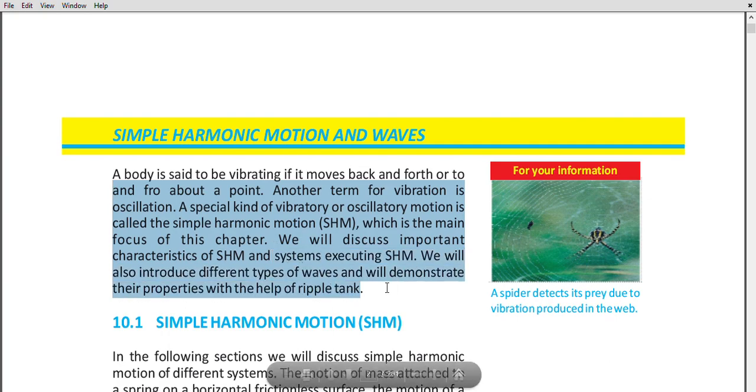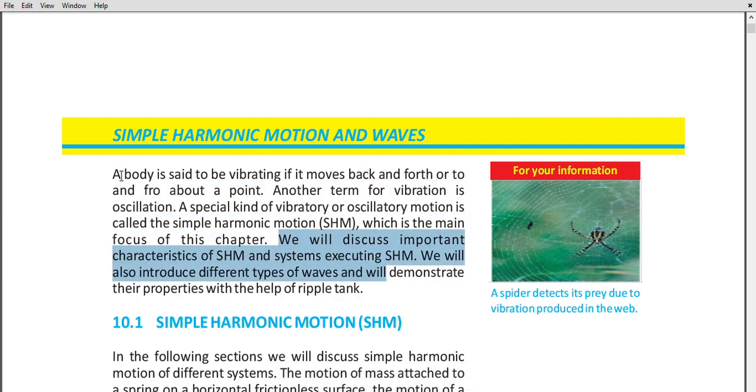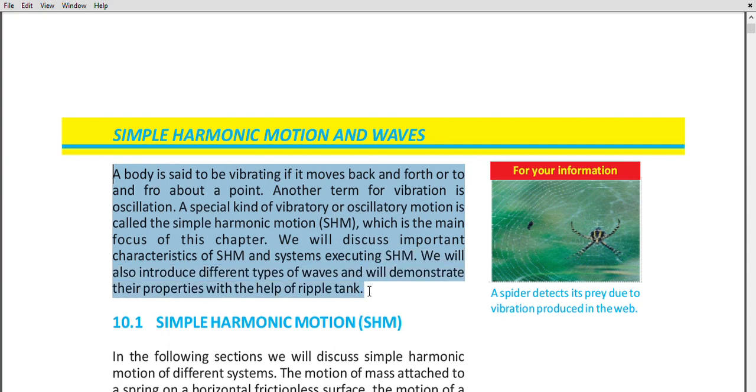So we will start from vibratory motion. It says a body is said to be vibrating if it moves back and forth, or to and fro, about a point. Another term for vibration is oscillation.